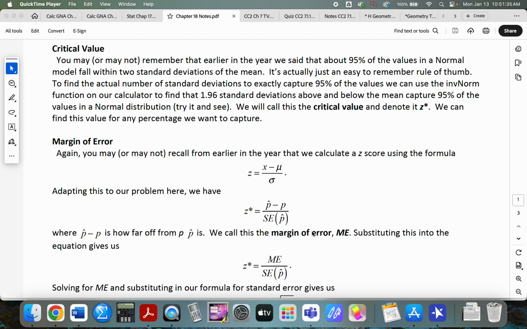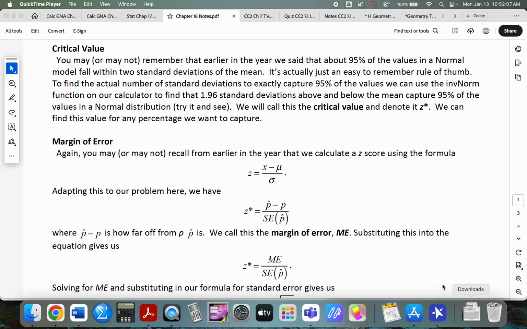I'll also show you how to do it on the NumWorks in just a second to find that it's actually 1.96 standard deviations to get 95%. It's not quite 2 standard deviations. Can we just say it's 2, usually? Well, what you do is you say 2 standard deviations is going to capture 95%. It just captures a little bit extra. Gotcha. Okay? So let's do that.